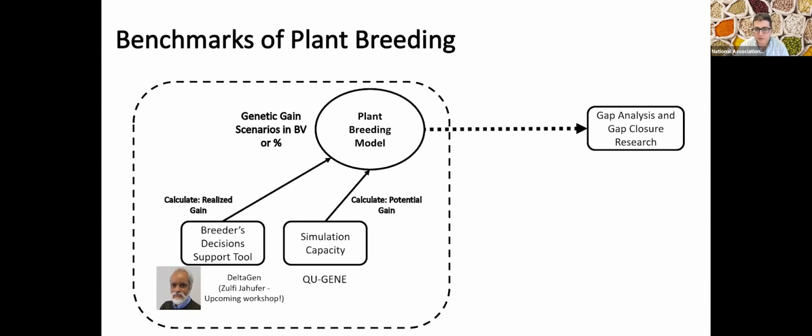We can consider all of this as an environment that enables us to obtain information and then either perform decisions or stimulate new questions that may lead us towards closing the gap in achieving a desired outcome, such as a particular rate of genetic gain.